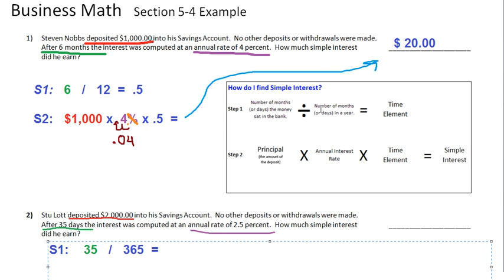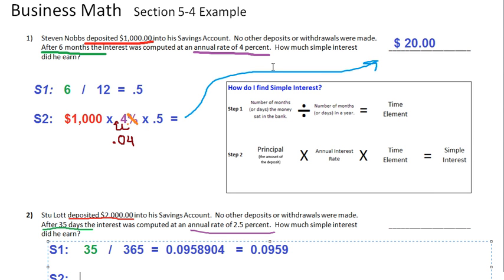If we divide this out, we're going to get a long number. We don't need that whole thing. Let's just round it to 4 decimal spots. Okay, and now we can do step 2.